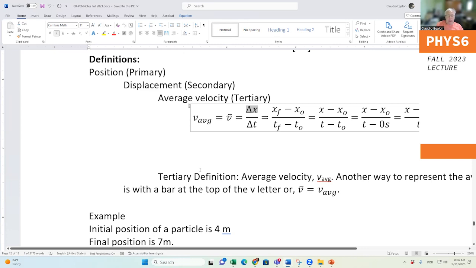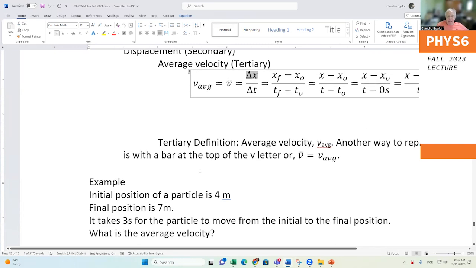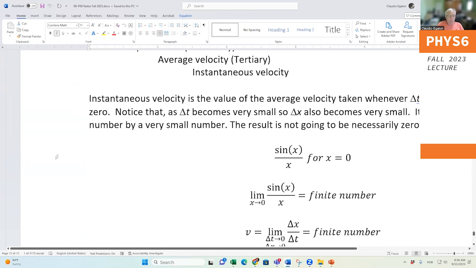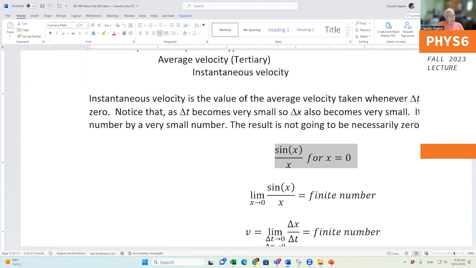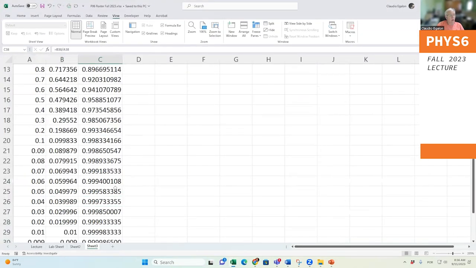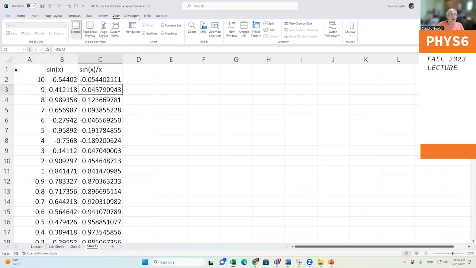And I gave you an example for the case of the ratio of sine of x divided by x. Remember that? Sine of x divided by x has a finite value. I did that for you in the last class, using the spreadsheet.